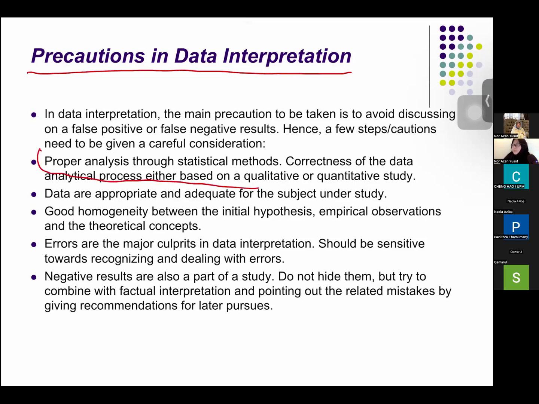So there are certain precautions in data interpretation, even though we have some statistical methods being done. Okay, proper analysis through statistical method. Good homogeneity between the initial hypothesis, empirical observation, and theoretical concepts.